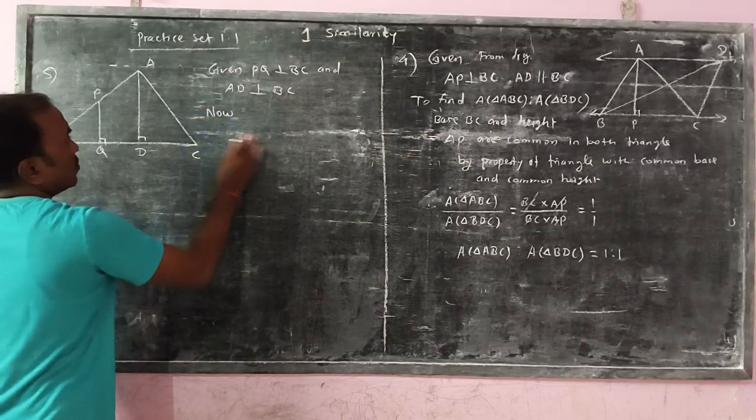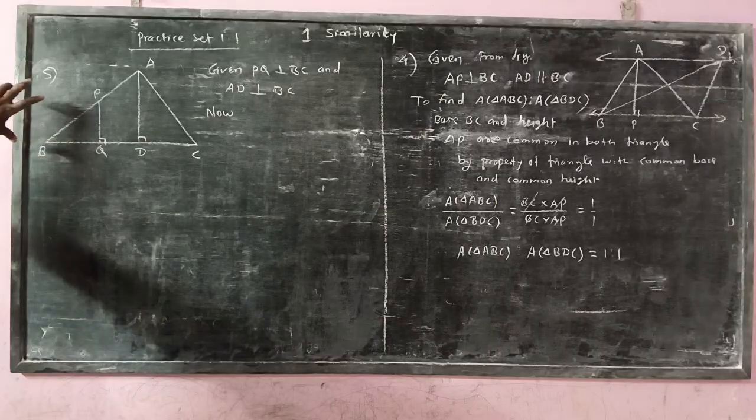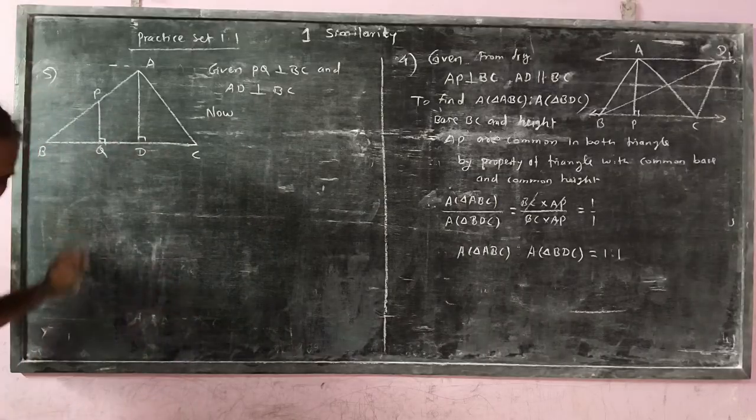Now we write the areas of the two triangles given.